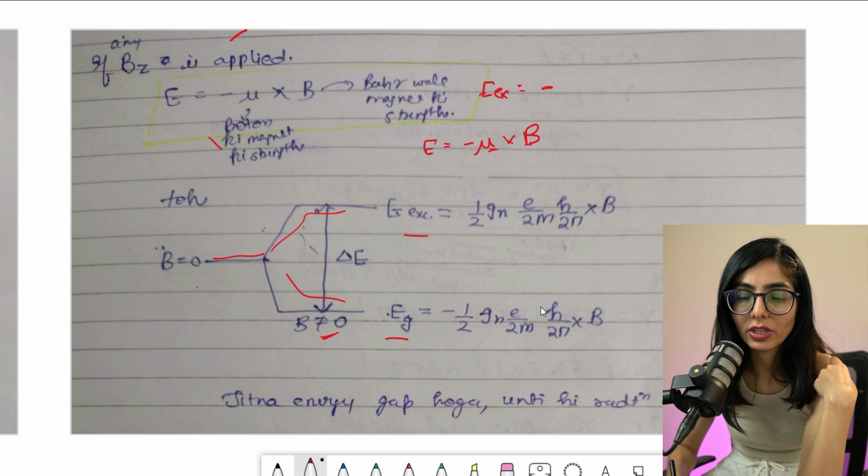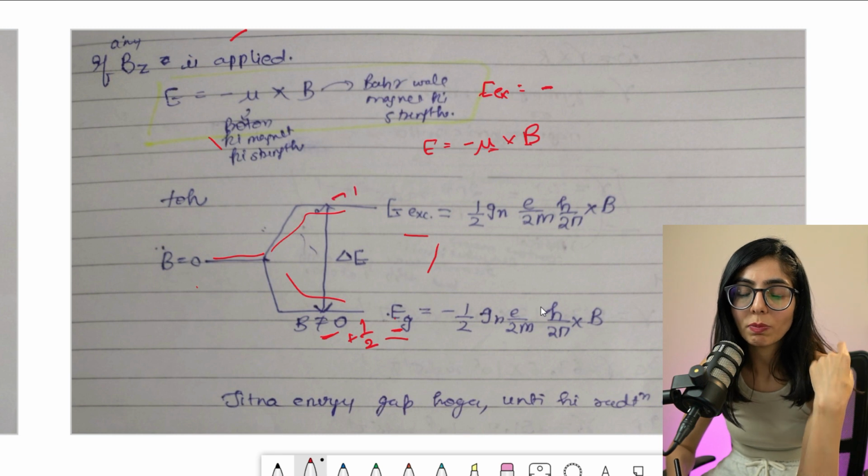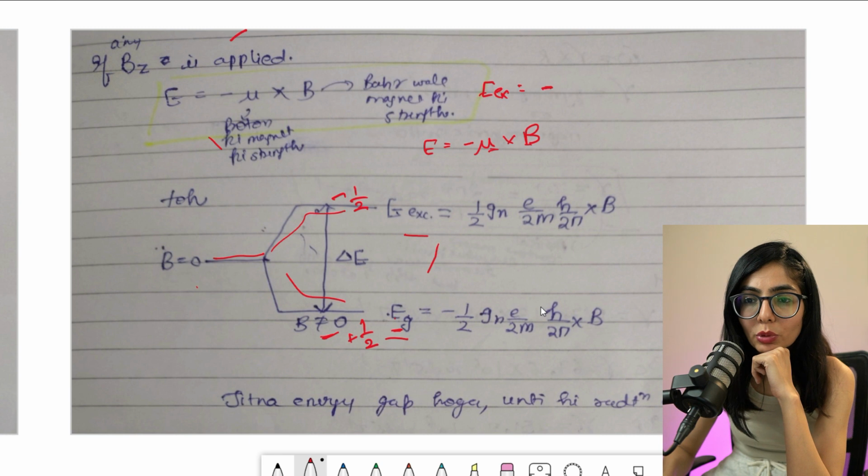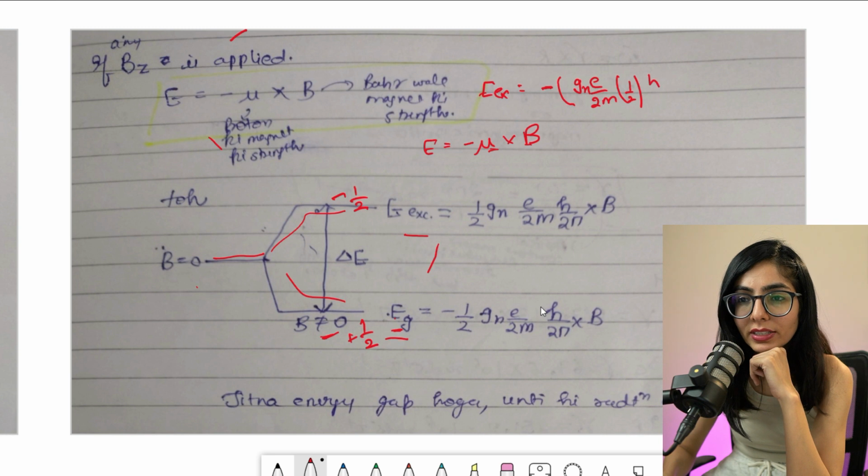If I talk about I plus half, remember I told you plus half was there over here and minus half was over there. So plus half you will put. What will happen? Minus mu. Mu was there, the formula was Gn e by 2m, half h by 2 pi, for the ground state, into B, the external field.